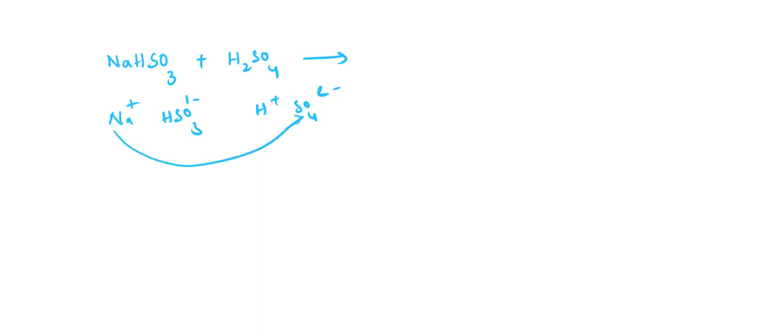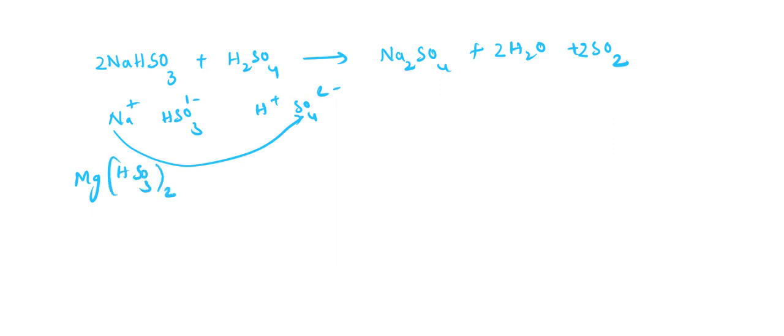Combine and form sodium sulfate, water, plus sulfur dioxide gas. And balance this equation. 2 here, 2 water, 2 sulfur dioxide gas. Try with magnesium bisulfite, copper bisulfite.